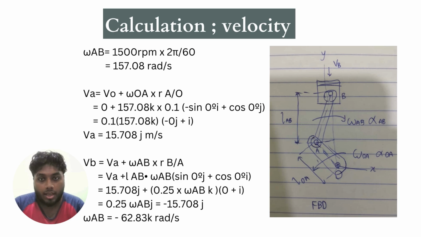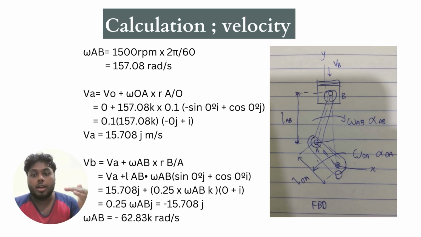Next, the velocity of A: VA equals VO, the initial velocity, plus the angular velocity of link OA times the radius, the length of AO. So by calculating, we get 0 plus 157.08 k times 0.1 (sin 0 degrees i plus cos 0 degrees j). The sign is negative or positive depending on the direction. If it's left or down, it'll be negative. If it's up and right, it'll be positive.